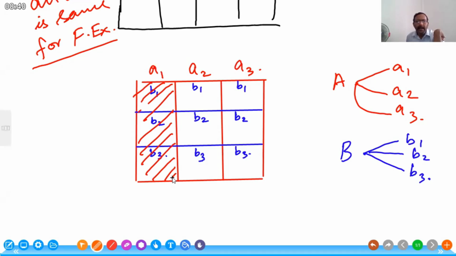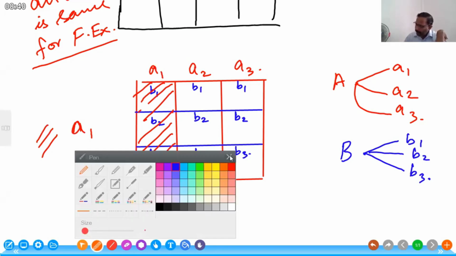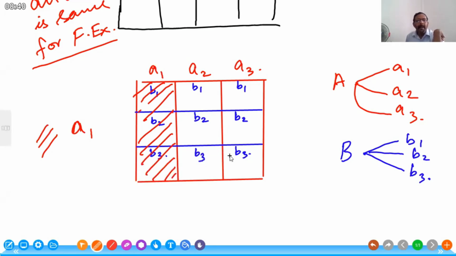Now tell me, what is the plot of B1? Plot of B1 or B2 or B3, all are same. So this is the plot of B1.